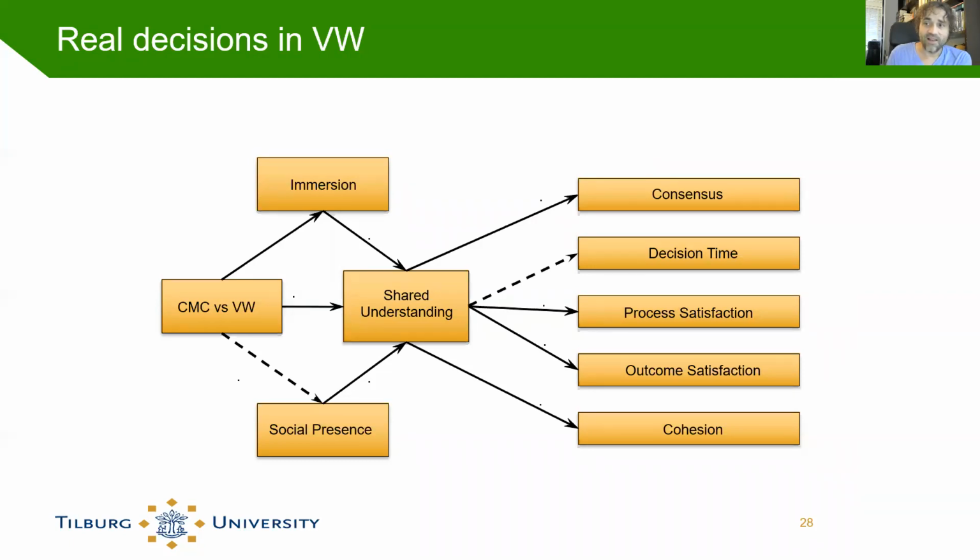And of course, the fun thing that I thought was that you didn't really need the whole neighborhood, but simply the fact that you were with other avatars in the same room caused a feeling of, we're in here together, we must make sure that we make a good decision. So I thought it was pretty interesting. It shows that issues related to computer-mediated communication and social media, like presence and immersion, are related to team performance.